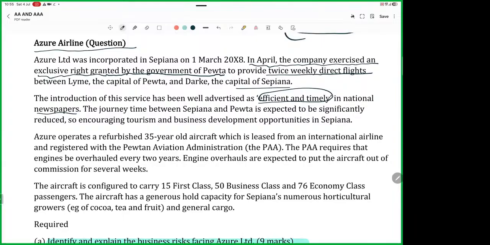The journey between Sepiana and Piuta is expected to be significantly reduced, so encouraging tourism and business development opportunities in Sepiana.